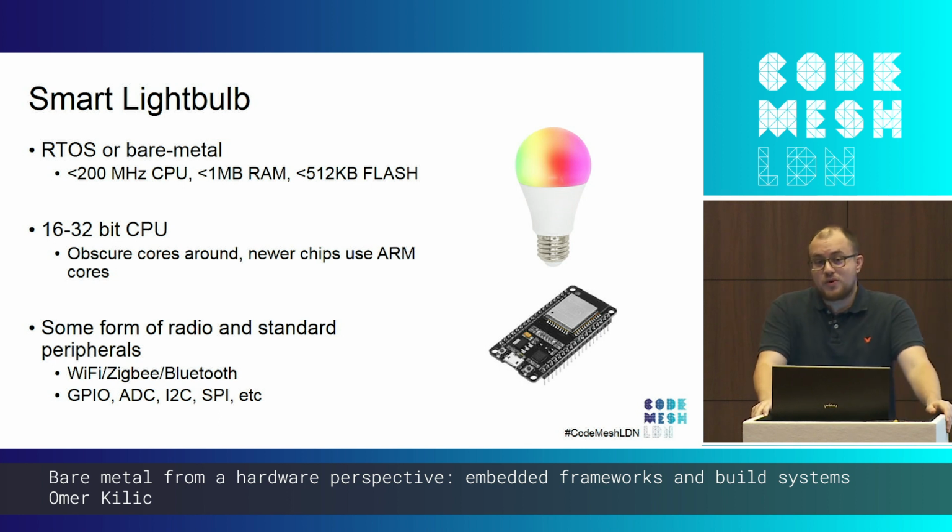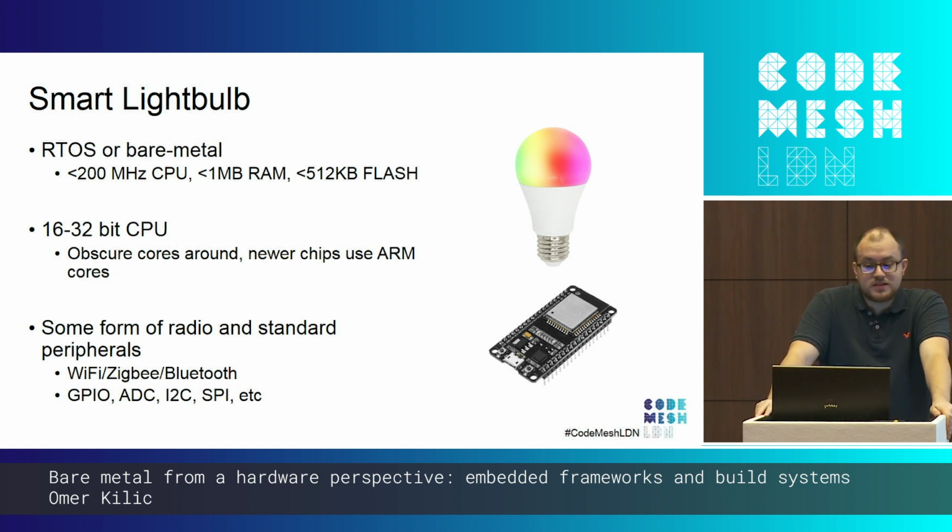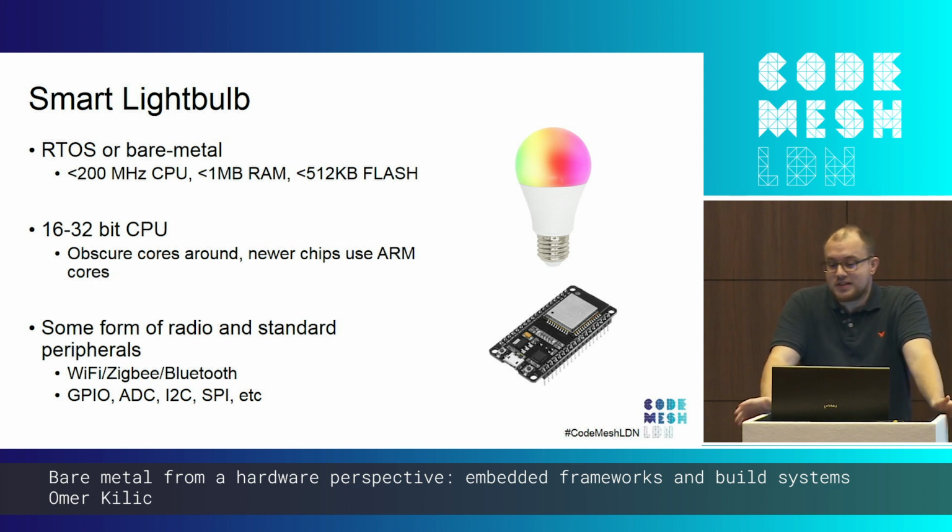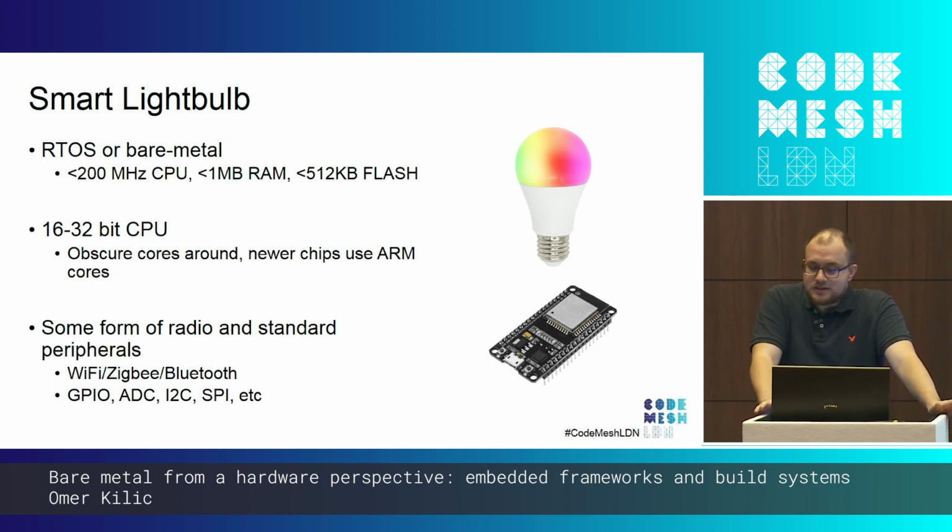In terms of CPU cores, generally you'll have something that is either a 16 or 32-bit CPU. Of course, ARM is quite prolific, but these devices are usually mass market products, so usually you find much, much cheaper cores that are not necessarily very commonly found in the Western world when we're just picking devices to build systems with, which also comes with not necessarily the best compiler support, etc. But one signature of these devices is that generally there's some sort of radio attached to it along with the standard set of peripherals.